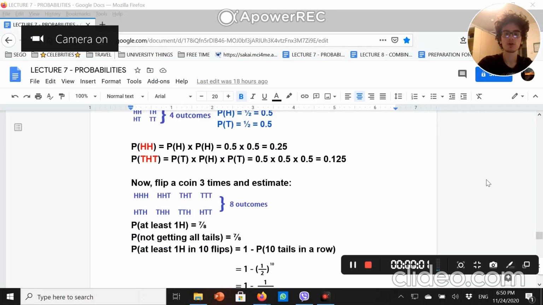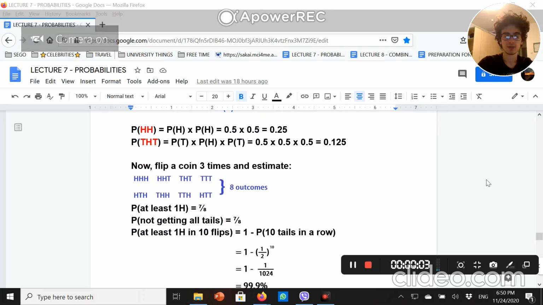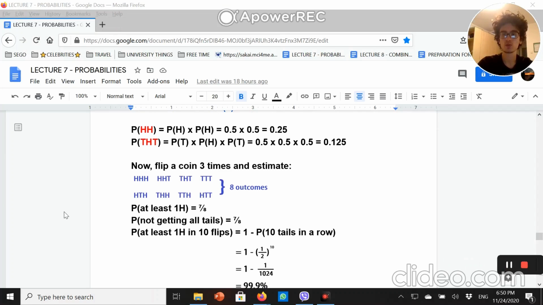Now let's flip a coin 3 times and estimate the probability of scoring at least one head in these 3 flips, meaning not getting all tails, and also at least one head in 10 flips. First, and always when you have a coin question, find the number of outcomes and even write them down.